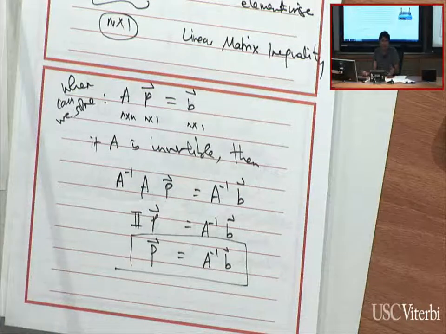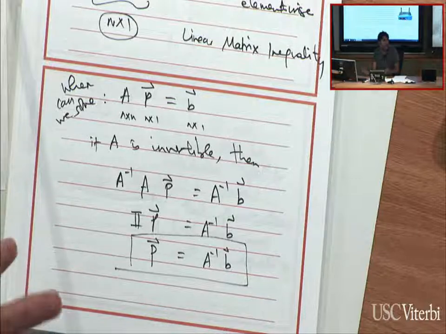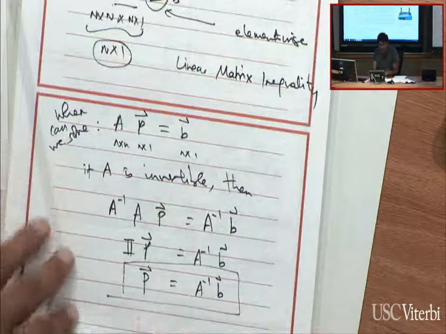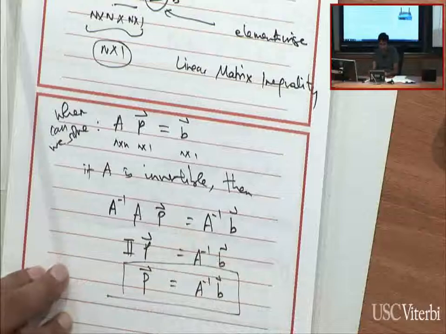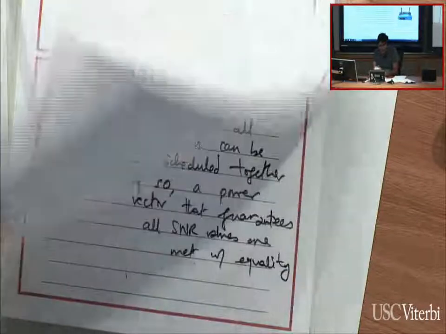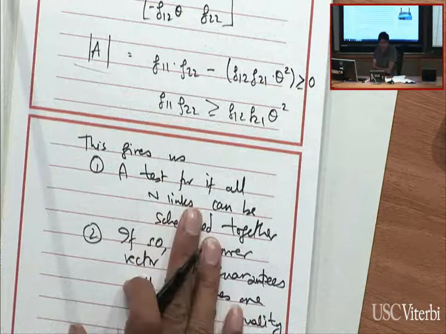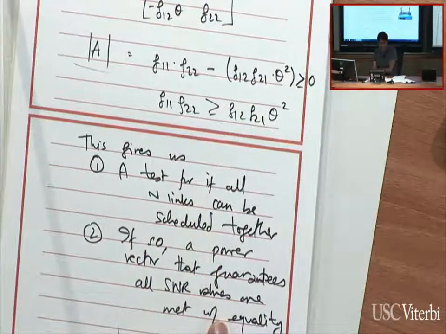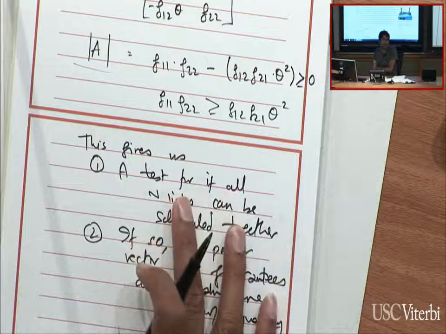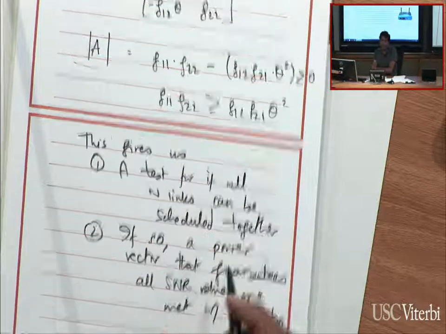That would give you a power vector which would be feasible in a way that all of them are strictly greater. So the fact that we're doing it for equality doesn't lose us any generality. So this tells us if they can be scheduled, and if they can be, what the power levels should be. But what if the answer is no to the first question? So I give you n links.